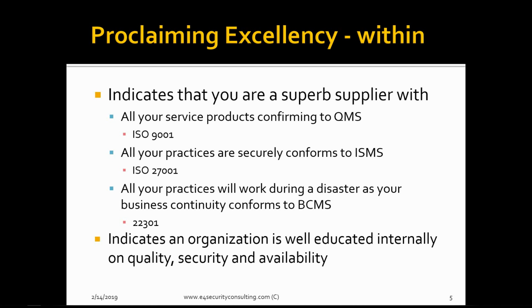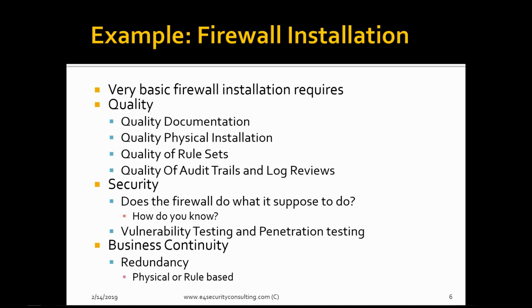So let's take a concrete example now. The example I'm taking is a firewall installation. It's a rudimentary, very basic example, but I wanted to instill a concept of how it would apply to quality and business continuity. That is why I have taken this basic example.